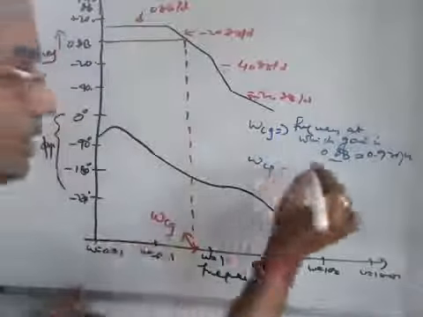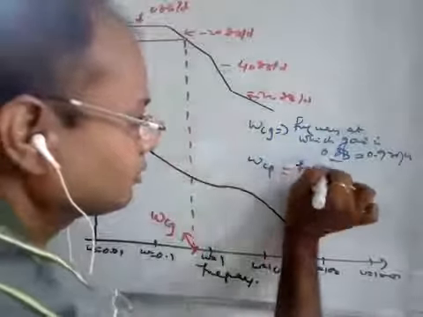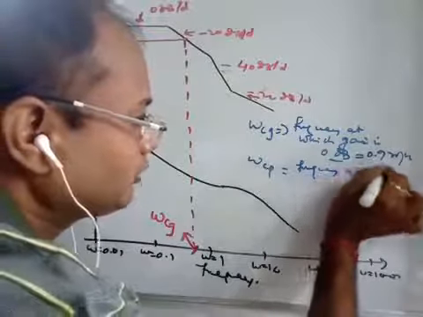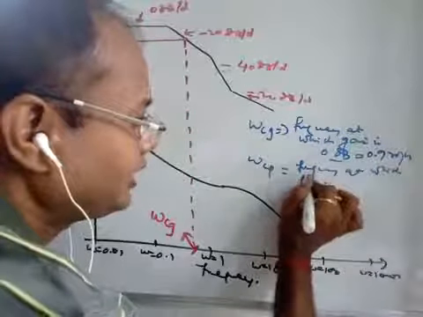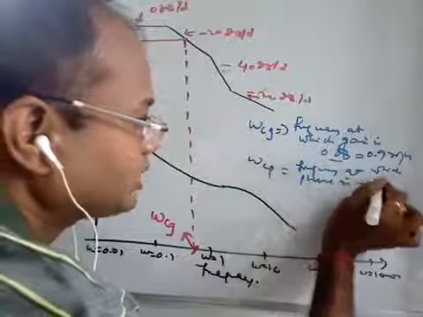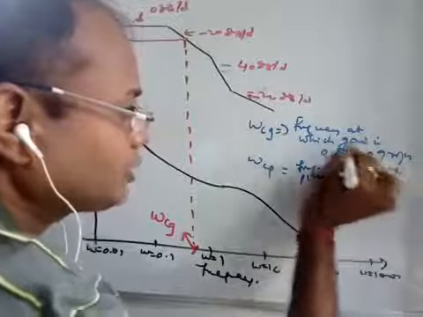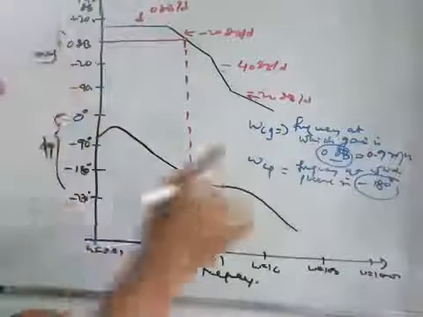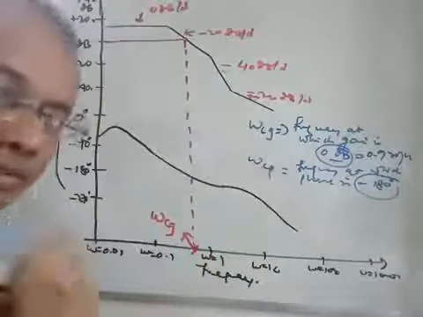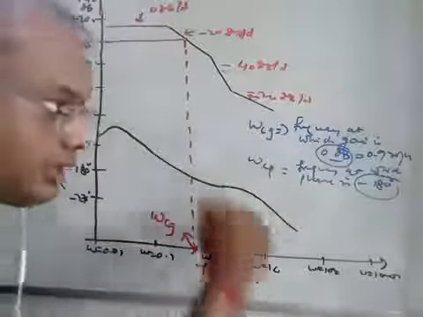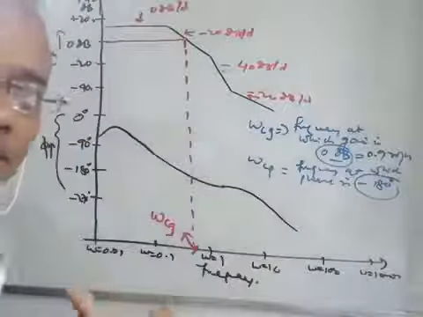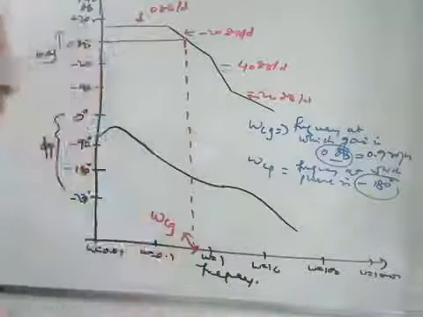So this is the frequency at which the phase is minus 180 degree. In case of gain, the 0 dB line is the standard value, and in case of phase, the minus 180 degree line is the standard one.